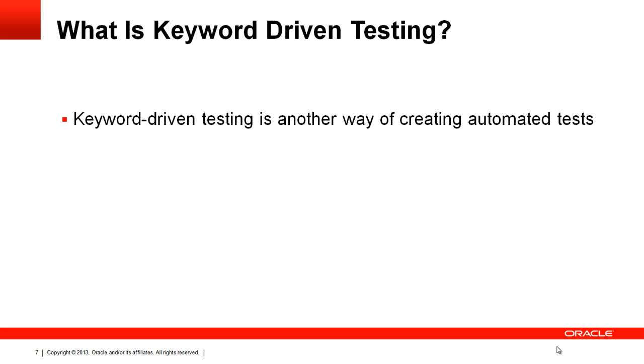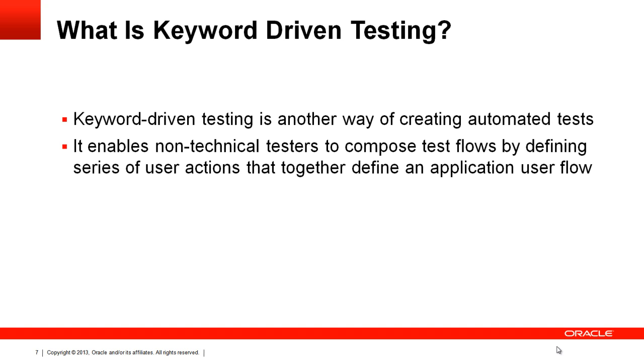We do not record anything. We're defining the test automation script by using keywords. So this enables non-technical resources to compose these test flows or test automation scripts by basically defining user actions that combined become the test automation flow.